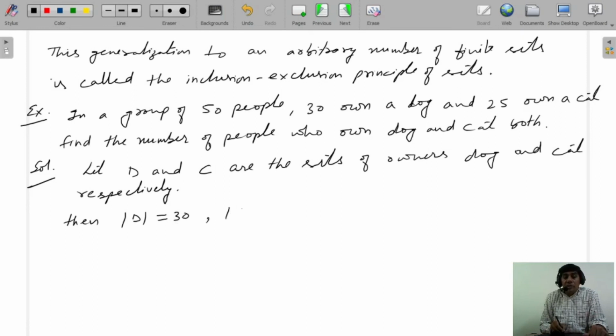Modulus of C, owners of cat, is 25, and modulus of D union C is less than or equal to 50 because there are maximum 50 people.